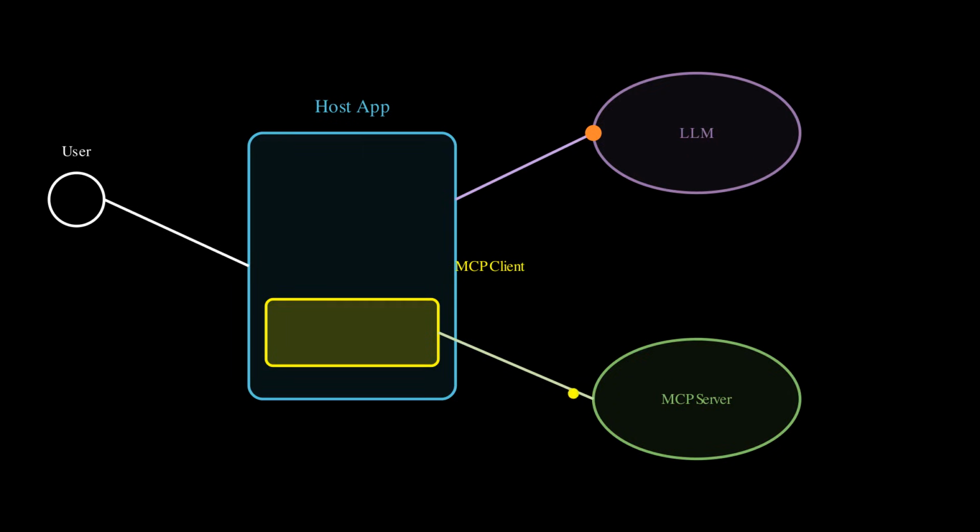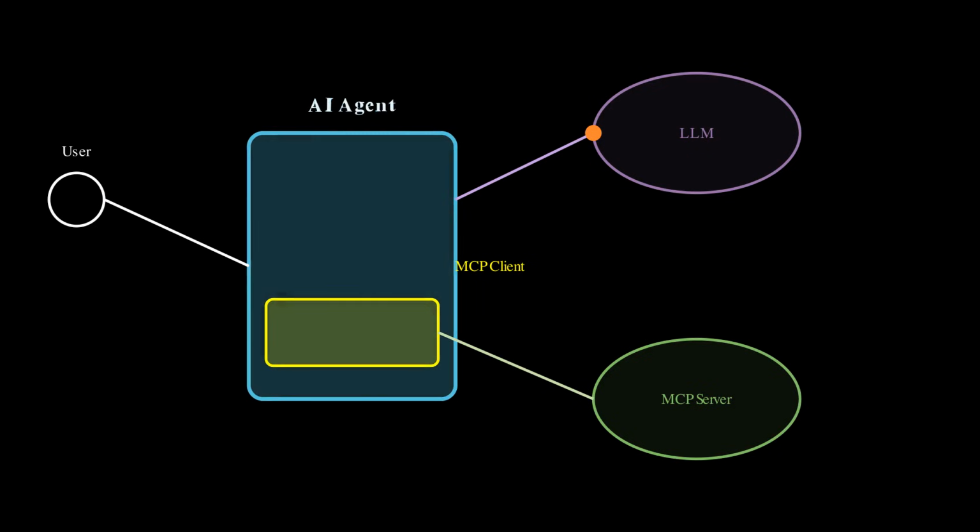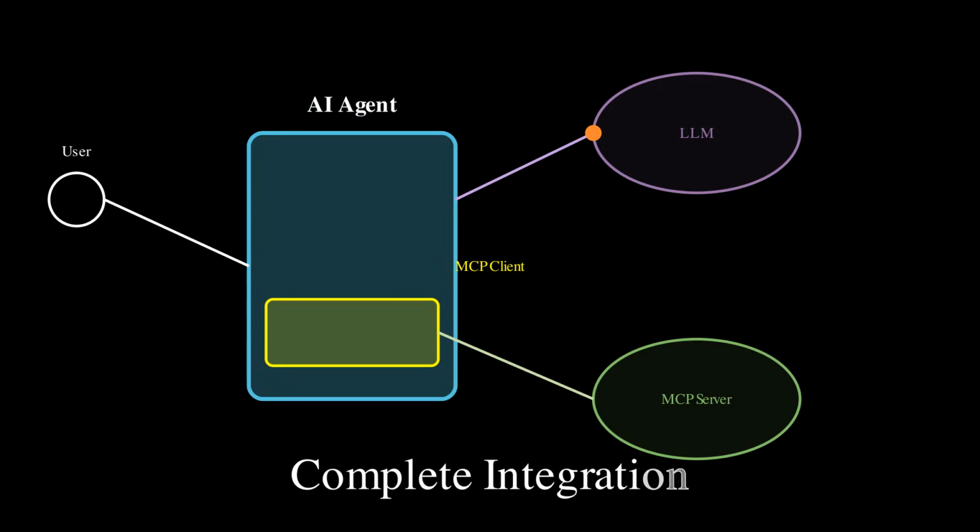The model processes the request. If it decides to use a tool, our client catches the signal, executes the function, and feeds the result back. Finally, the LLM generates the answer. By integrating these pieces, we have transformed a simple chatbot into a capable, context-aware AI agent.